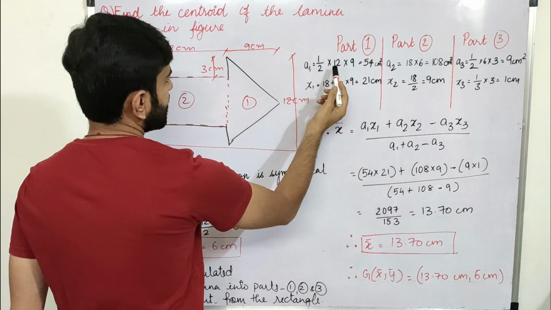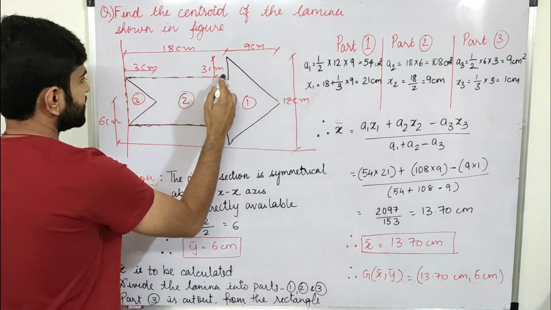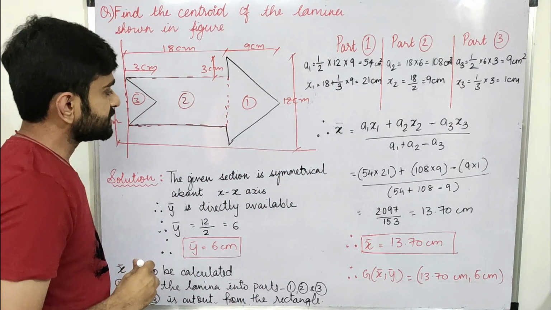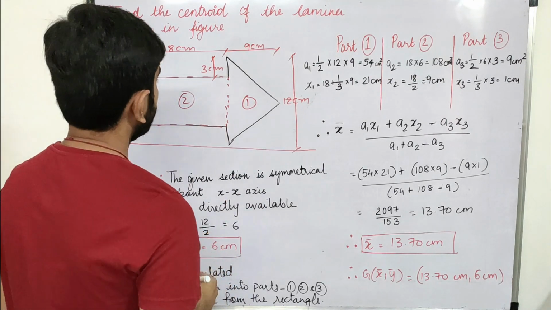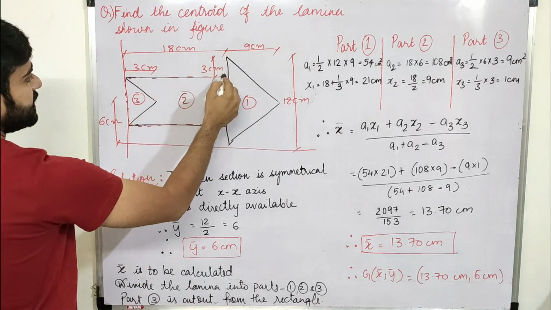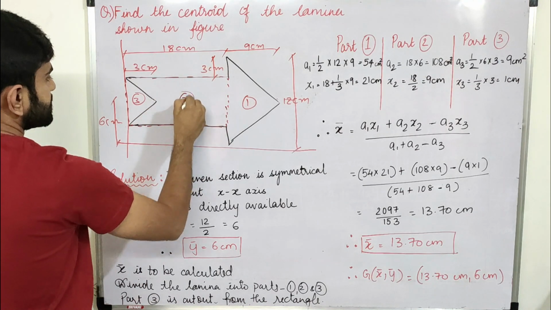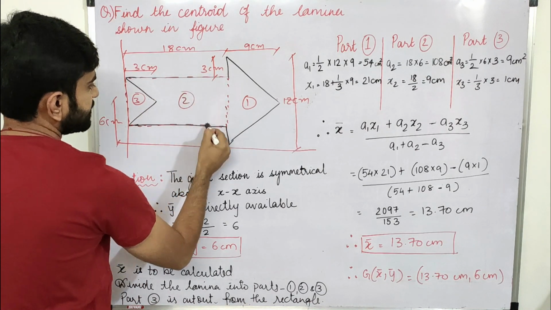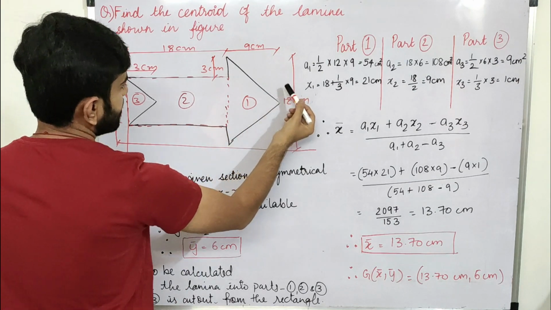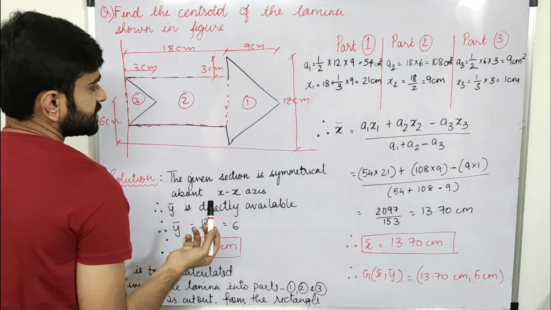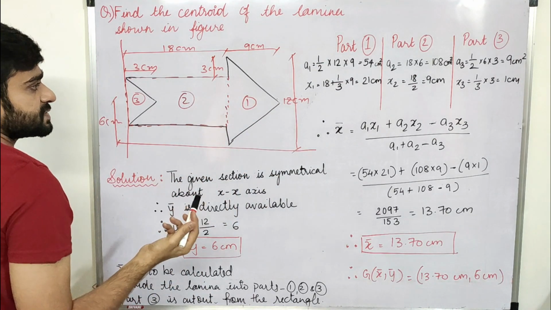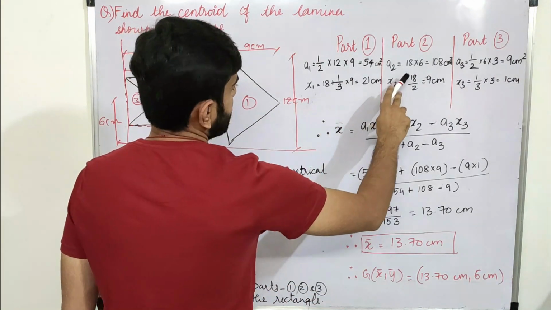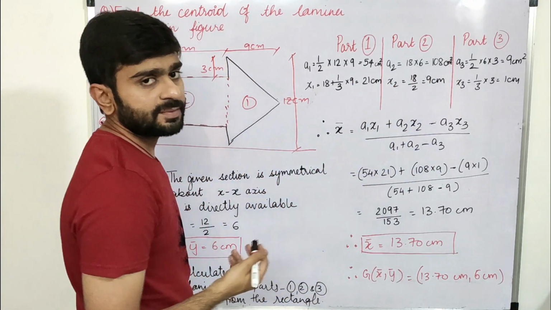This is the area of the first triangle, and regarding the second portion, as we just discussed, it is the entire rectangle. So the area will be length into width, that is 18 into this much distance. In order to find this distance, we'll have to subtract 3 plus 3 from 12, which is 6. So 18 into 6, that is 108 centimeter square.